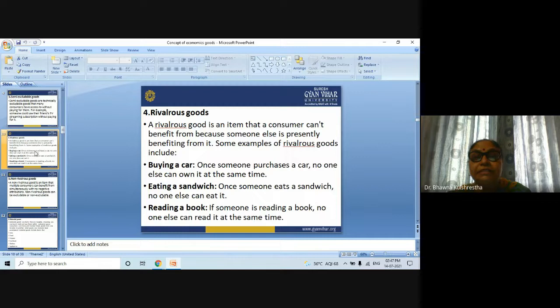Some examples of rivalrous goods include, first example, buying a car.